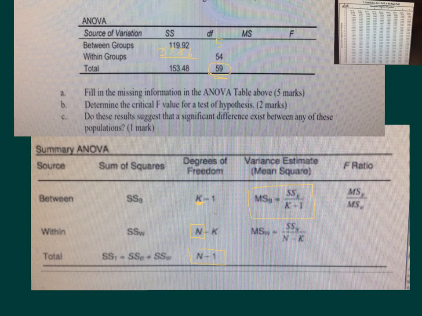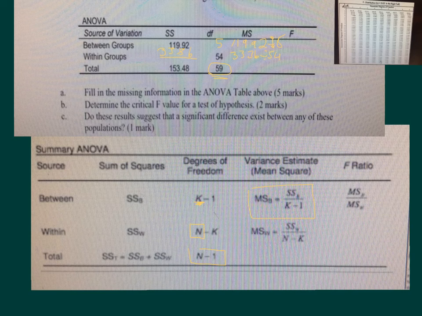So you really are just taking the 119.92 and dividing by 5 there. And the same thing down here, you're taking your 33.56 and dividing by 54. So you're going to get two really different numbers there. The two numbers that you get are the ones that you're going to use to calculate your F statistic, okay?